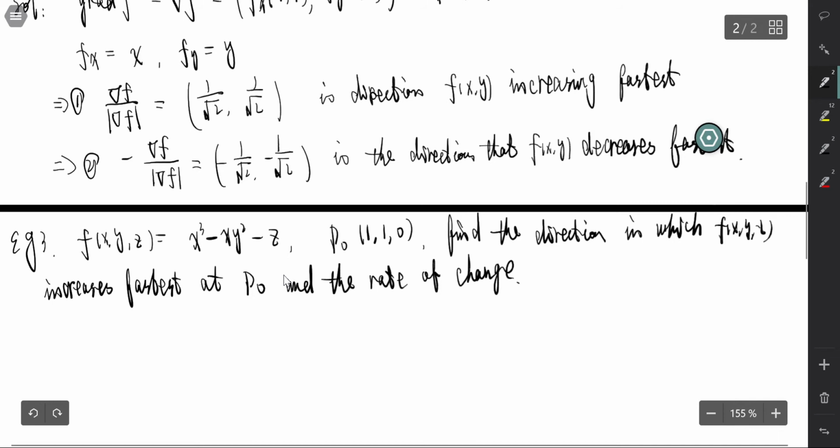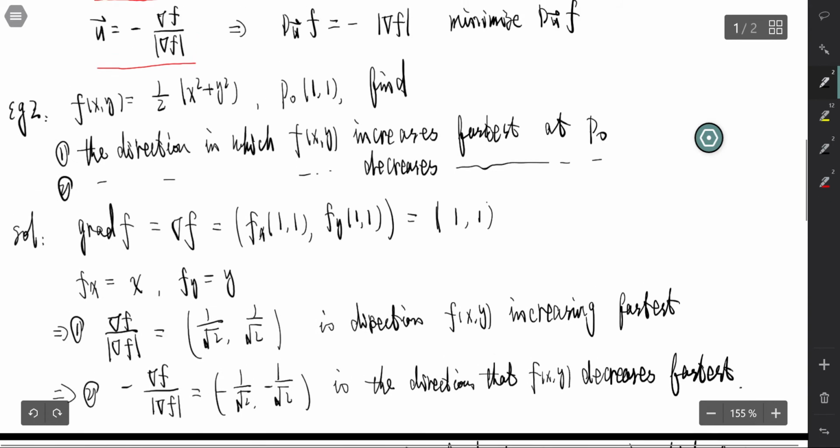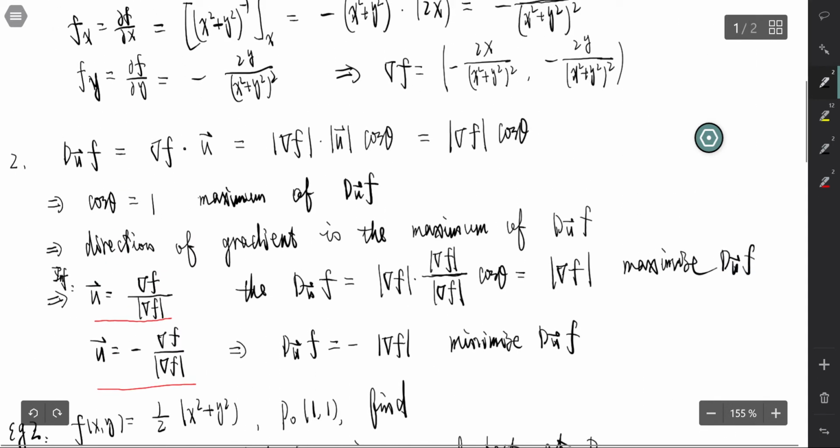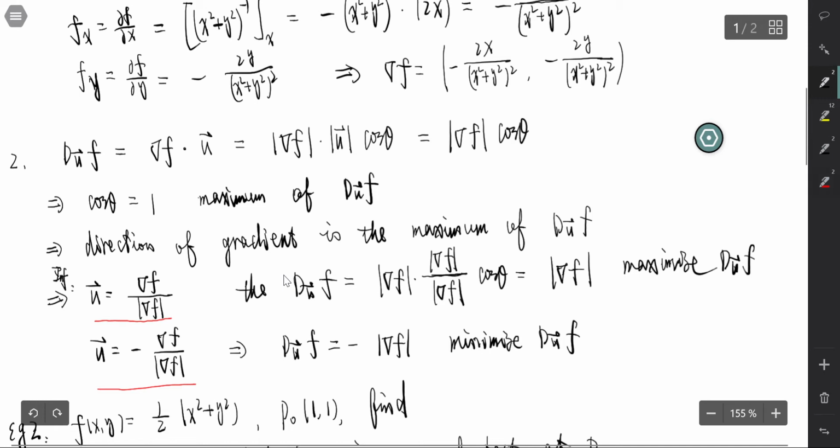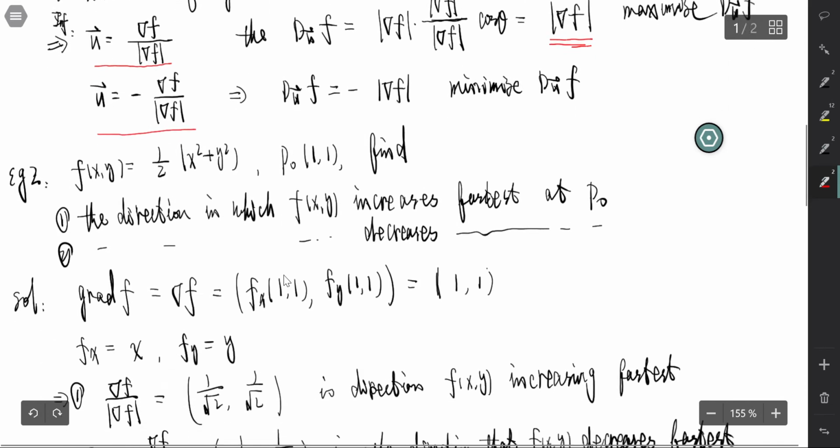From the statement in term 2, the rate of change in the gradient direction is the length of the gradient.